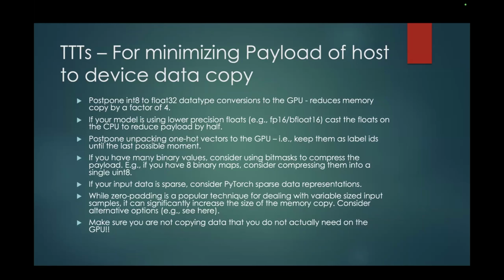There are different techniques that allow you to avoid zero padding in the case of variable size input. And obviously, make sure that you're not copying data to the GPU that you don't actually need. We have occasionally seen people copying their entire batch, even though many of the batch elements are not actually used by the GPU. So that's the last slide on TTTs.